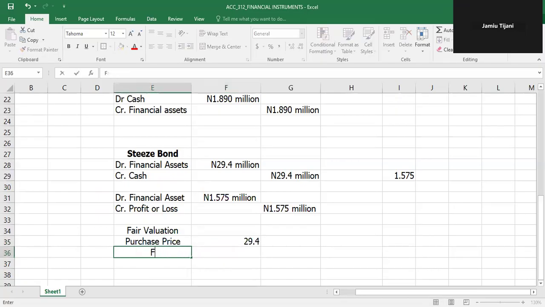Then the market value of the bond, the fair value of the bond, is 28.875.